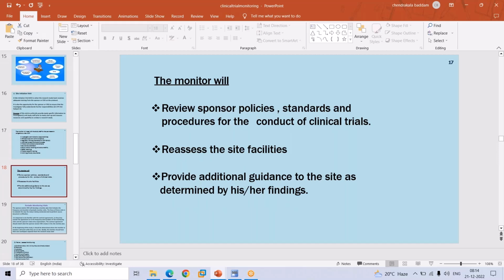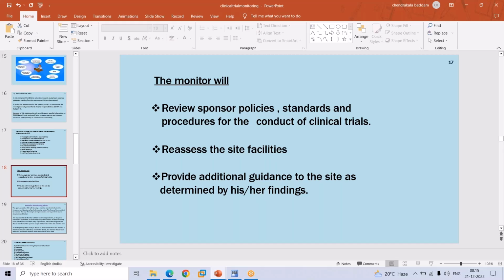During the initiation visit, the monitor will review sponsor policies, standards, and procedures for the conduct of clinical trials, including the laws and regulations given by the company.